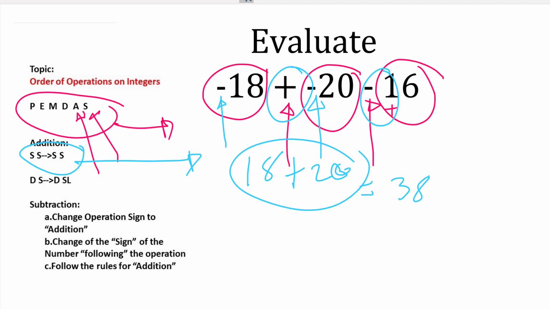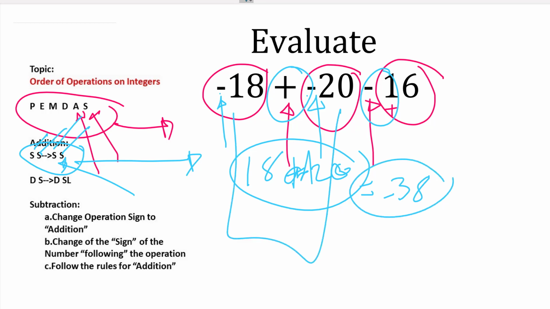But the sign of this 38, because these are both negatives, follows this rule: if you have the same sign, you take the sum and adopt the sign common to them. So in this case it will be minus 38.